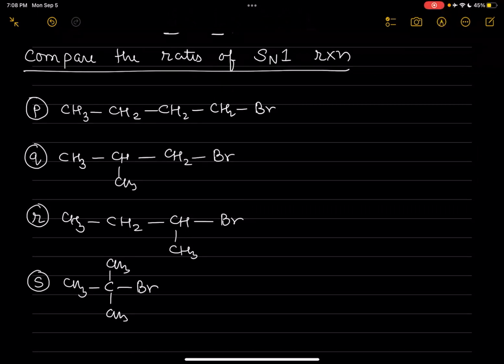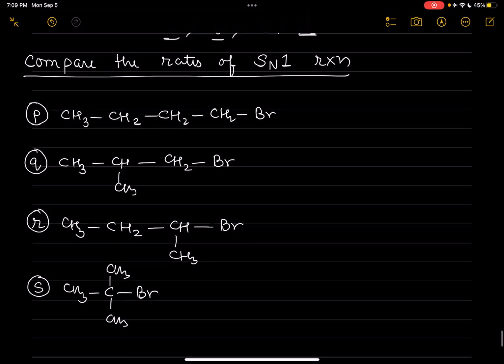So SN1, remember how it happened. The nucleophile attack was not starting the reaction; instead the Br will automatically, slowly break apart, leaving behind a C plus and Br minus. So that was the most crucial step, that is known as the slow step.